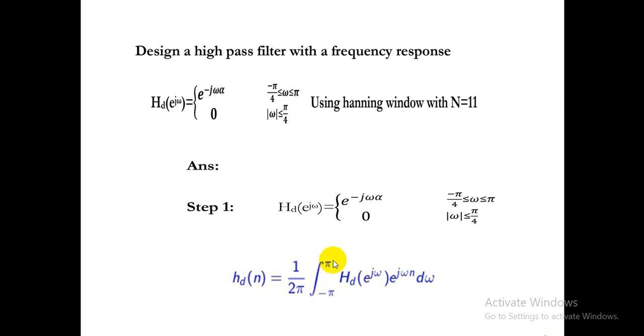So you need to find h(n), and this becomes 1/2π integral from -π to +π, and in between the response is 1, e^(jωn) dω. It is clear, right? This is true only if you want a zero phase response.